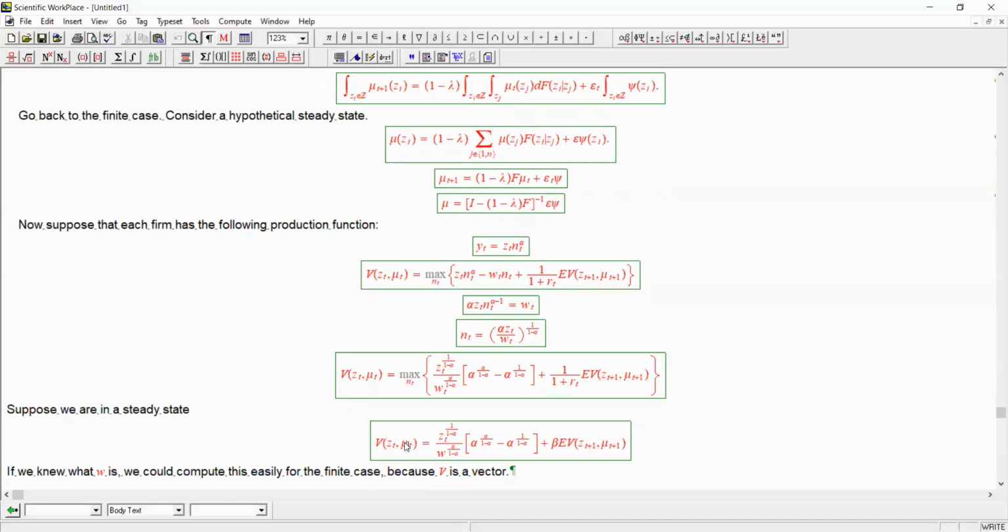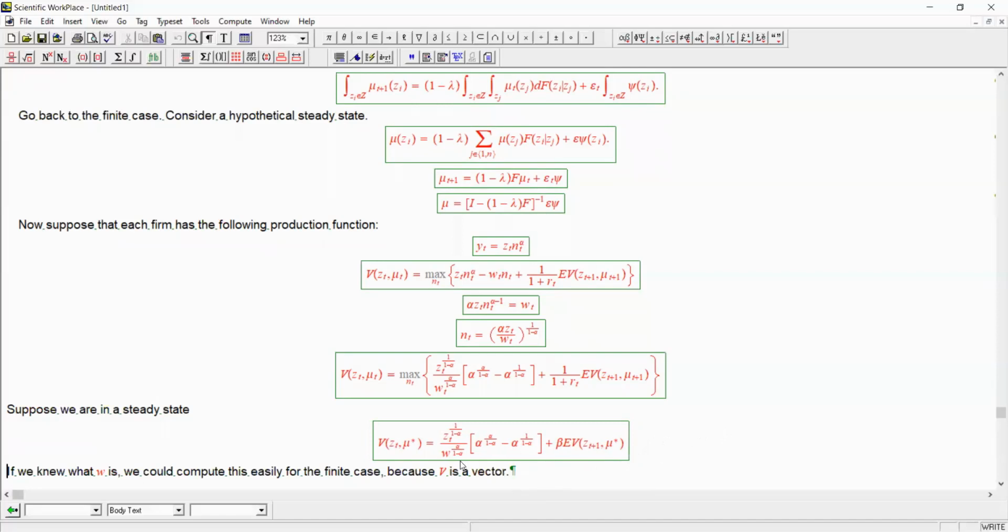It depends on mu star, but of course the way it depends on mu star is through W. Once we know what W is, that's all we need to know, leaving V as just a vector. Mu star is what I'm using to call the steady state value of this.